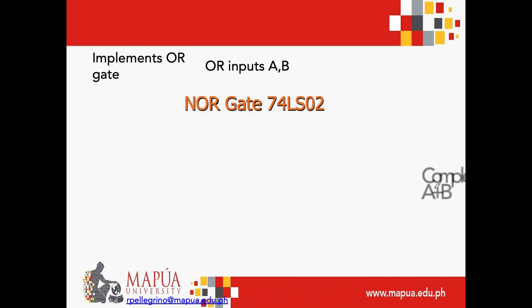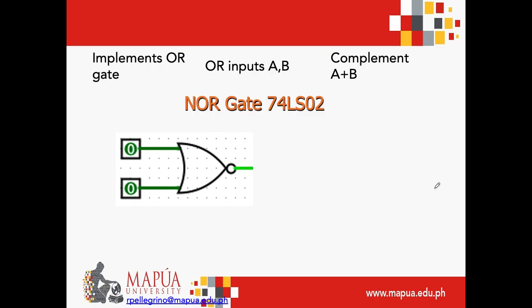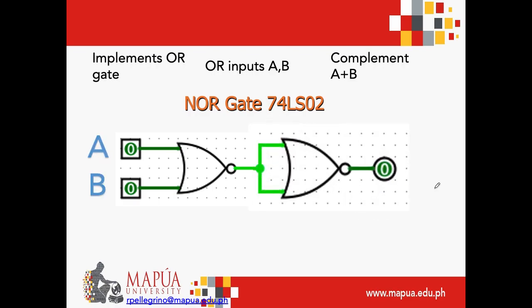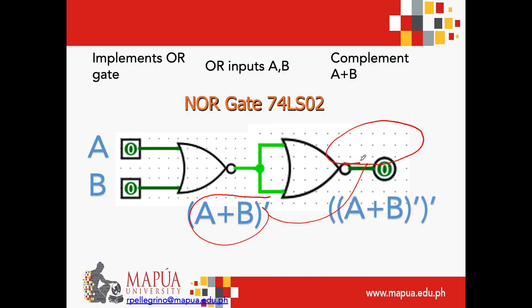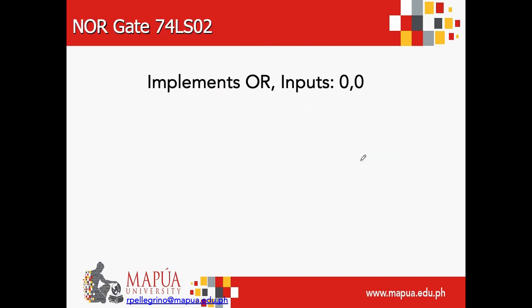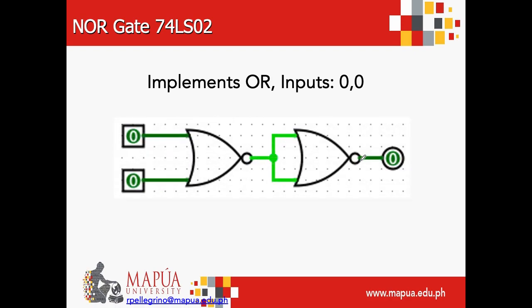We can also use NOR gate to implement OR. So OR inputs A and B, and then complement the operation A or B, and then complement the whole equation.